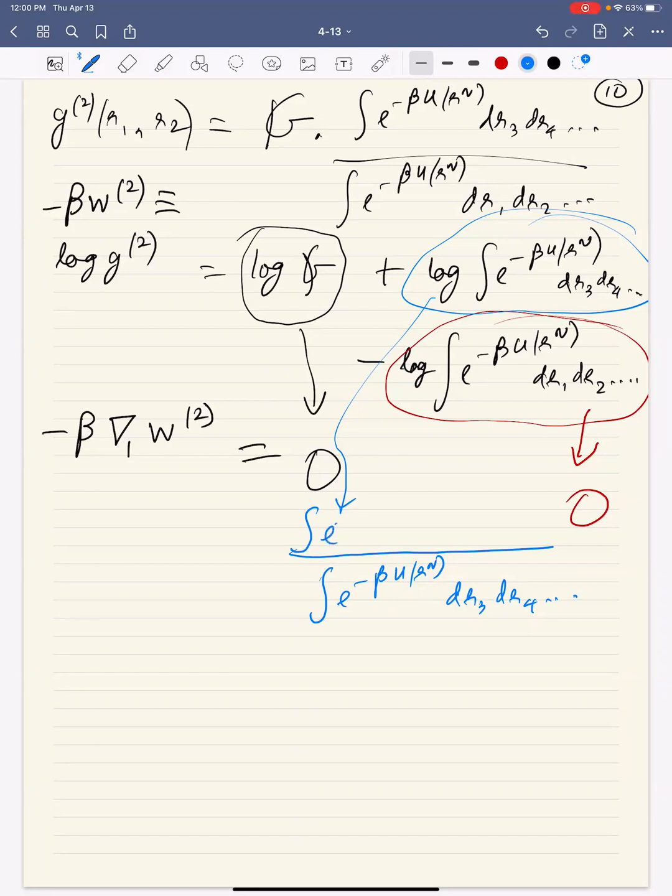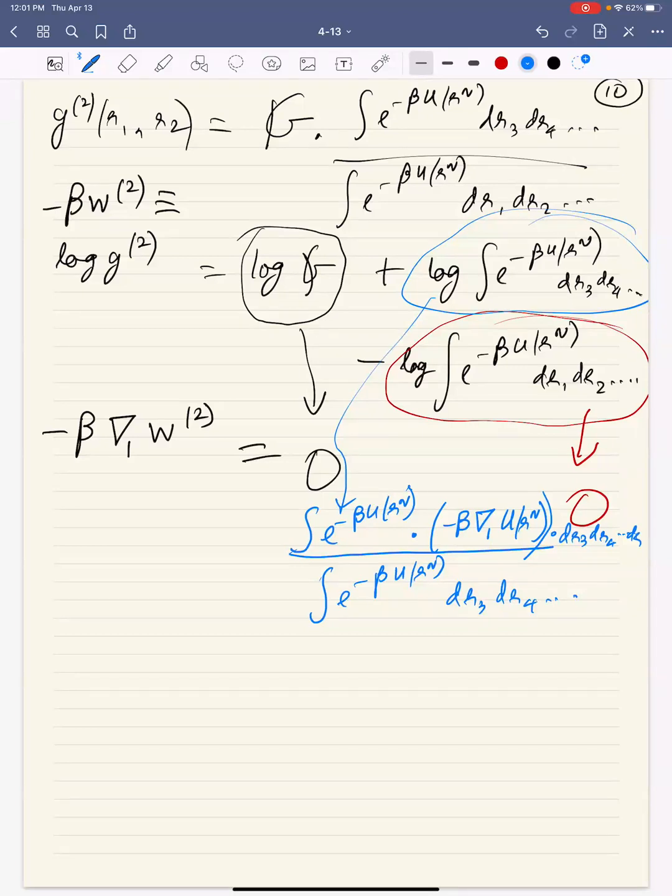So that's going to be simply e to the power minus beta u of Rn. Now we have to differentiate u of Rn with respect to particle 1, so that gives us minus beta gradient with respect to 1 of u of Rn, multiplied by dr3, dr4, dr5. Which rule is it? Chain rule inside the integral. This step is done exactly the same way in Chandler, though it's a bit more complicated because he's not looking at 2, he's looking at k particles at the same time.